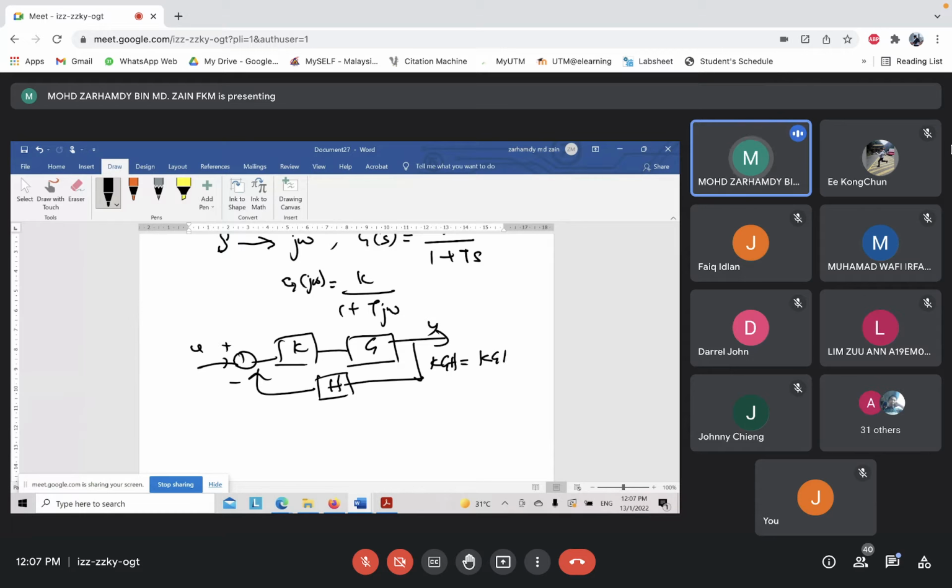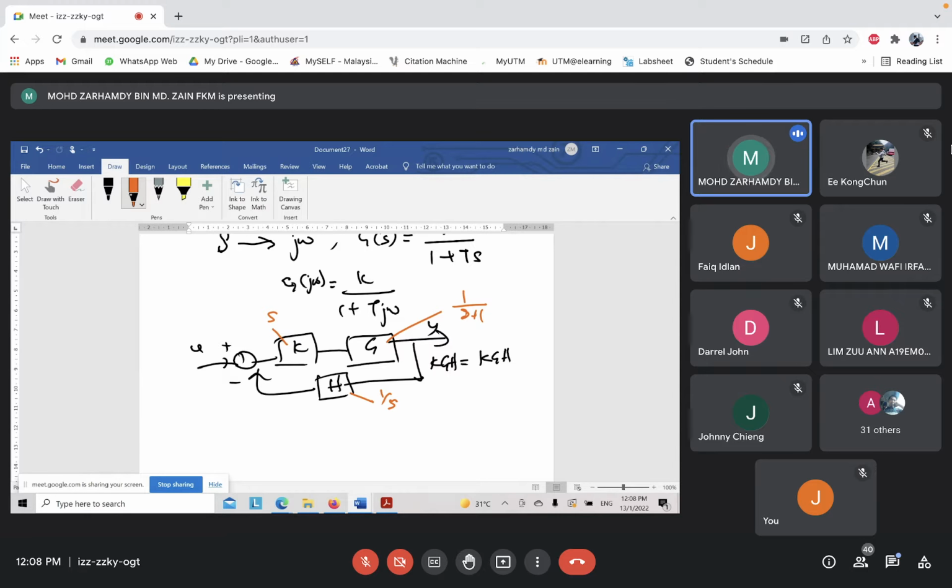So we have KGH, open loop, without manipulating it into closed loop. We just focus on the open loop, like we did in root locus. KGH has its own mathematical model. For example, maybe K(s) equal to S, G we have K over S plus 1, maybe H we have 1 over S.